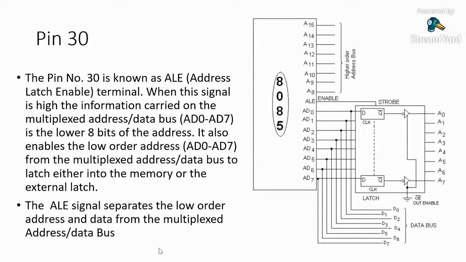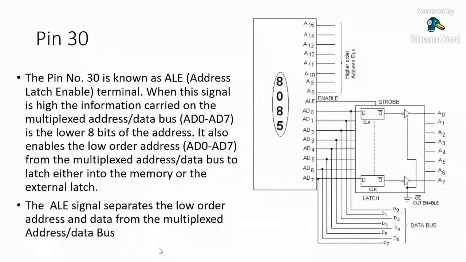So it also enables the low order address AD0 to AD7, the least significant bits, from the multiplexed address or data bus to go either into the memory or the external latch.